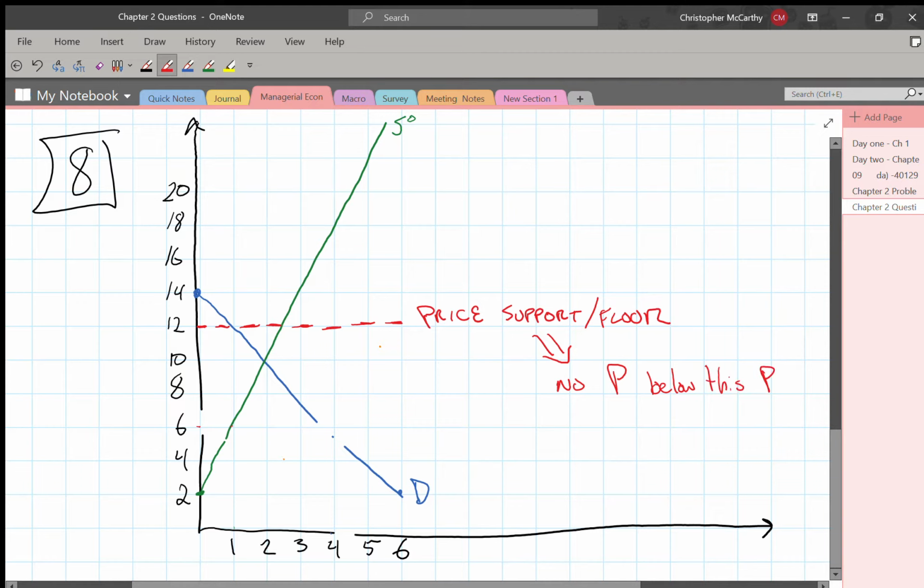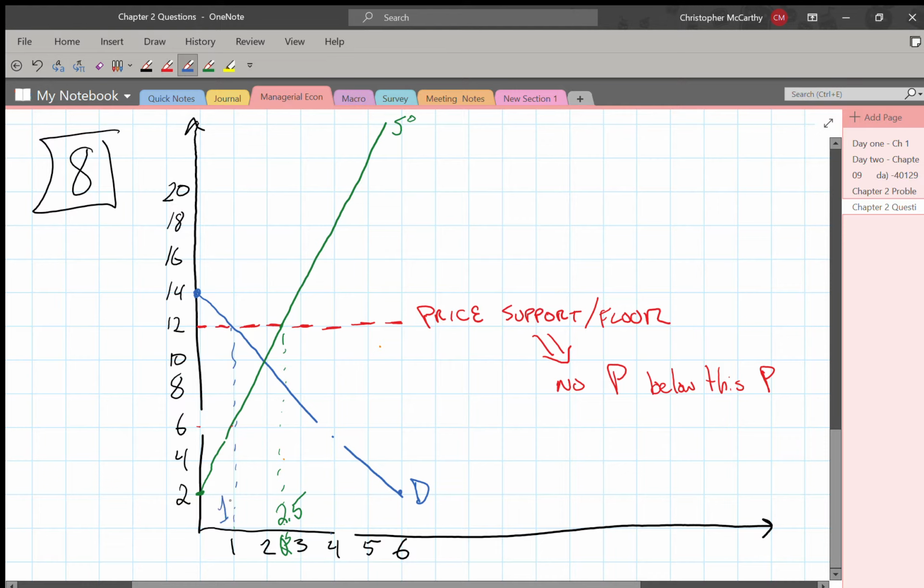So now we would have a situation where the price is artificially high, above that equilibrium price where X marks the spot. We're going to end up with a quantity supplied, right? The suppliers are going to be providing 2.5 units, and the people are only going to be demanding 1.